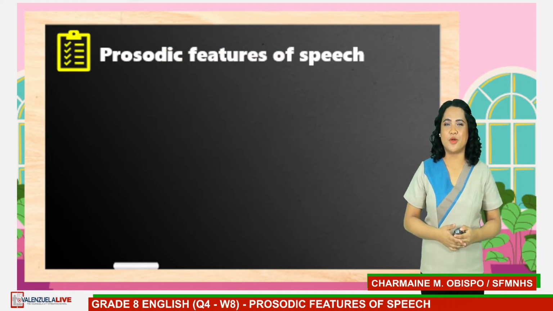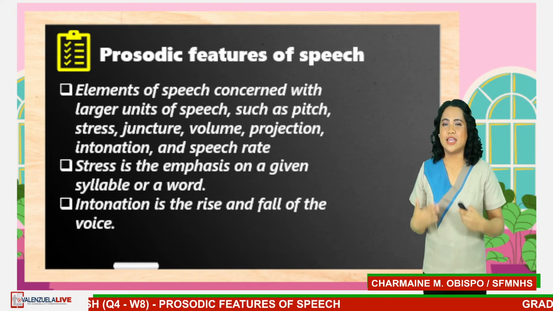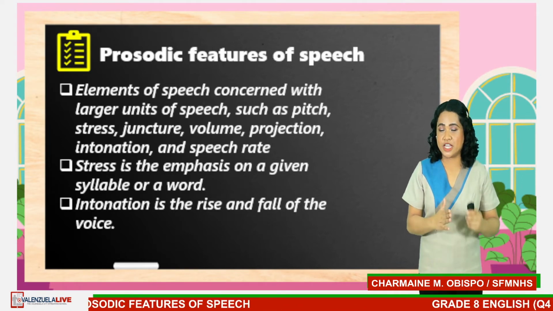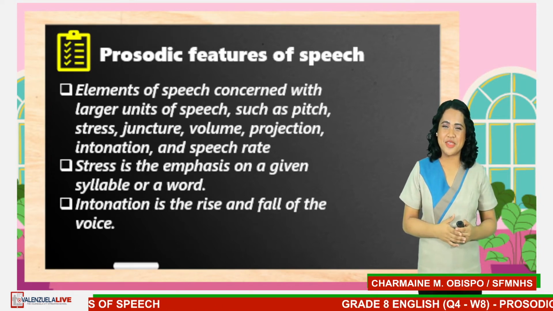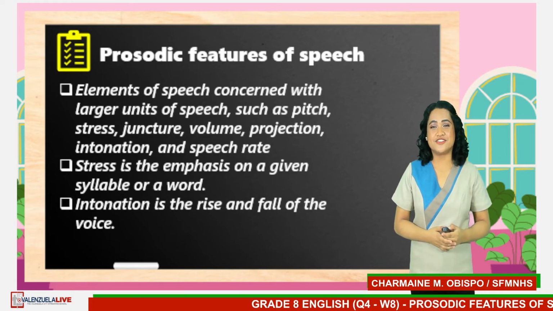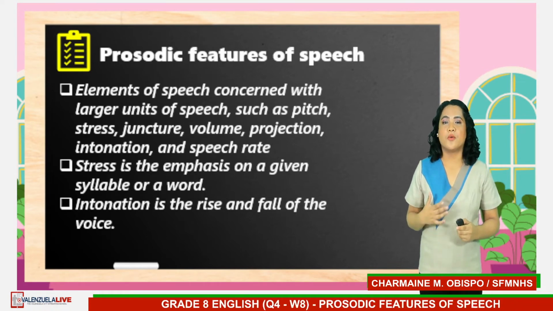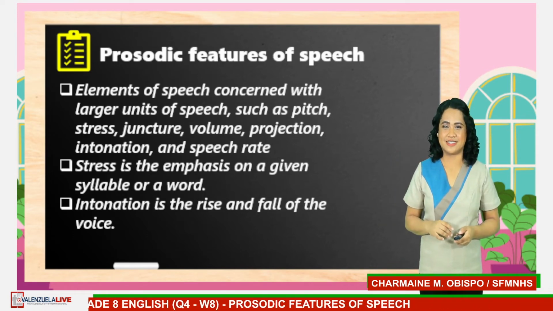To sum up what we have discussed today, prosody refers to the elements of speech concerned with larger units of speech such as pitch, stress, juncture, volume, projection, intonation, and speech rate. Stress is the emphasis on a given syllable or a word, while intonation is the rise and fall of the voice.